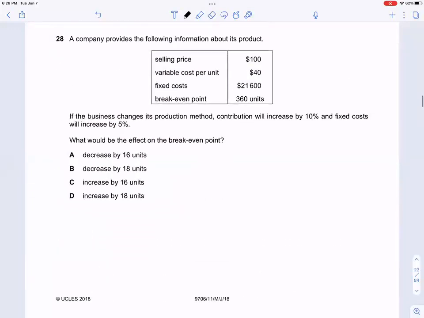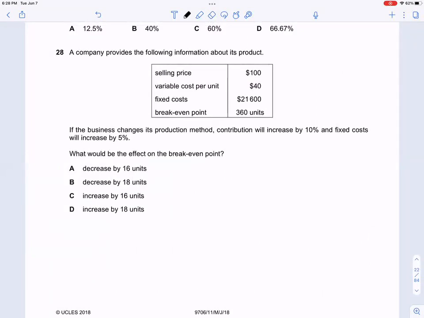Come on, let's do the 28th one. What is the effect on the break-even point? Selling price is 100, variable cost per unit is 40, fixed cost is 21,600, break-even point is 360. If the business changes its production method, contribution will increase by 10%. So what is your old contribution, 60 per unit?